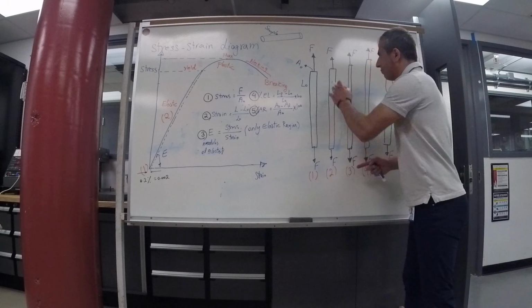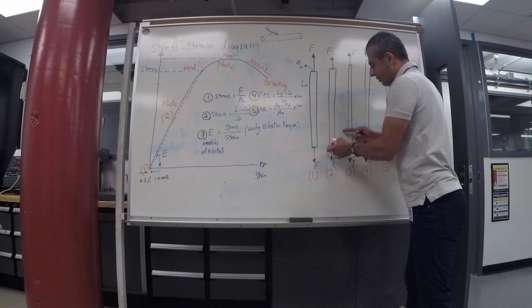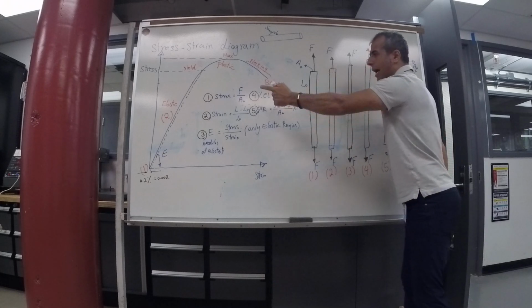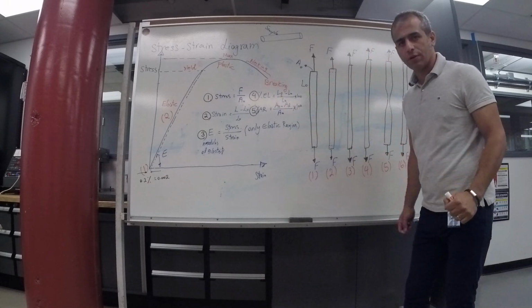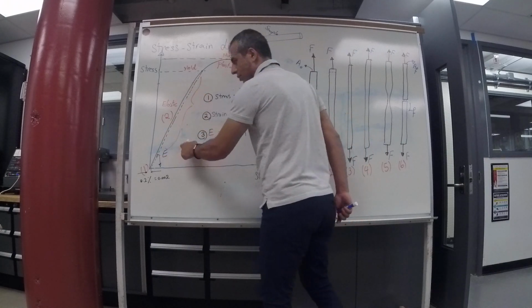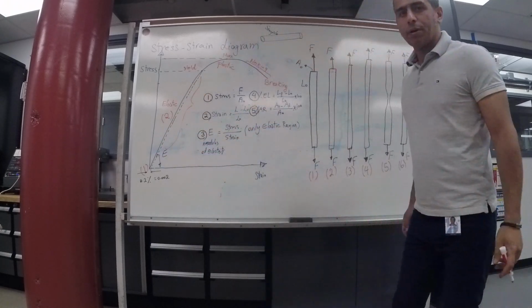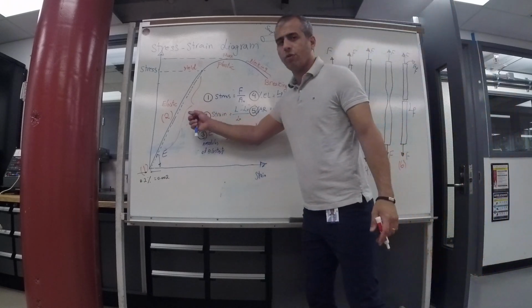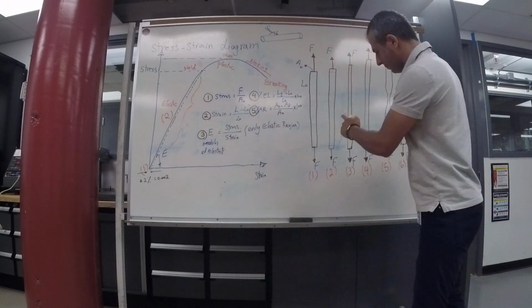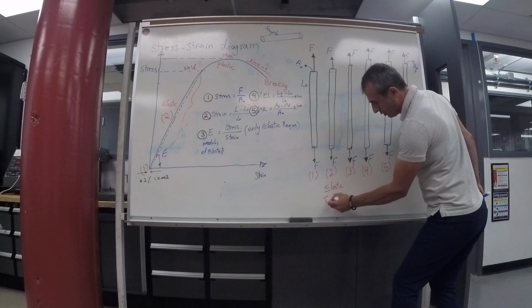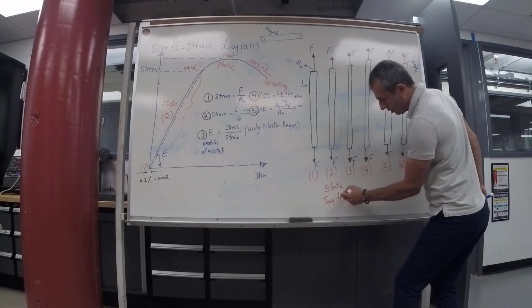If I remove that force, the sample is going to come back to original length because it is elastic and reversible. This is the area that we would like to keep our samples in, because we don't want any permanent deformation. This is temporary deformation.